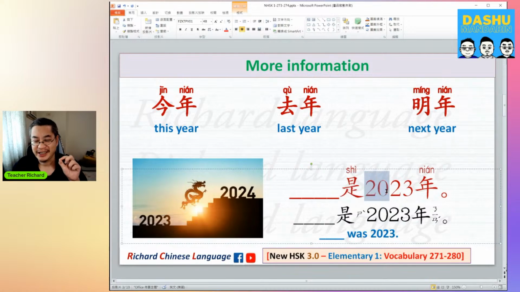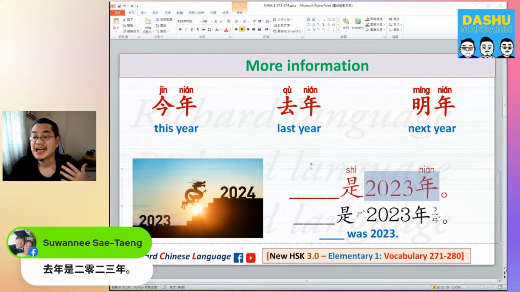Okay, so one quiz for you. 去年是2023年. What's the answer? Wow, that's so easy, right? 是 is like the be verb. 2023年. Very good. 去年是2023年.